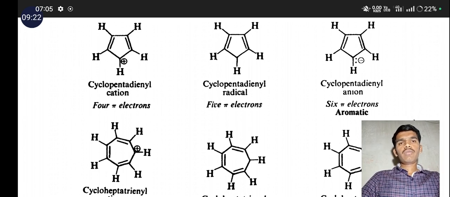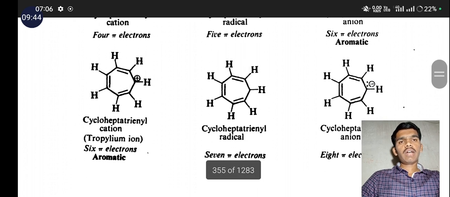But we can see that there are only two pi bonds in the first one, so four pi electrons, which are not suitable, and it is not an aromatic compound. The second one has 5, it is also not, and the third one is having 6. So this anion is actually having aromatic character.